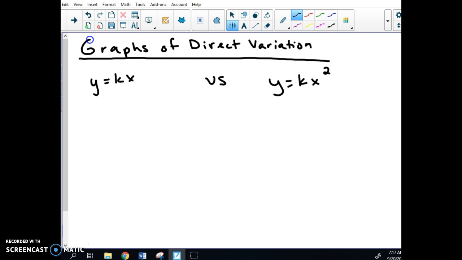But the main thing here is we need a little bit of a refresher on what the graphs look like, how to calculate those graphs and those kinds of things. To start off with, if we're looking at y equals kx, and I'm going to work mainly with that side first, remember that the k actually is our slope.